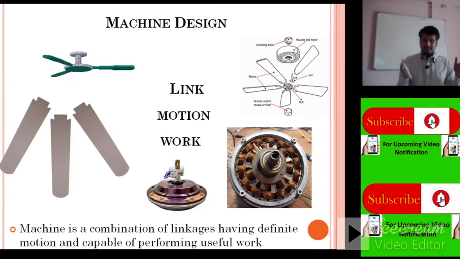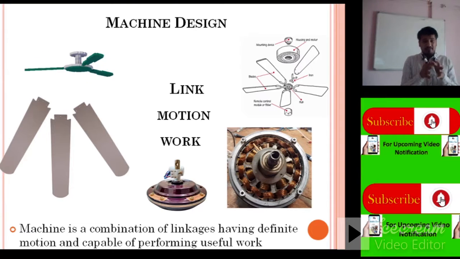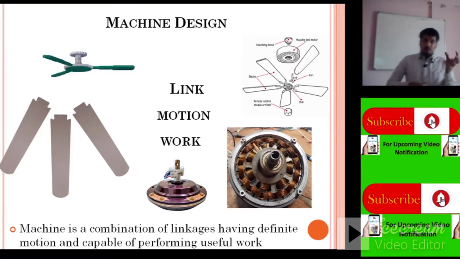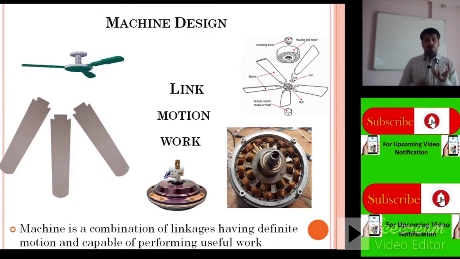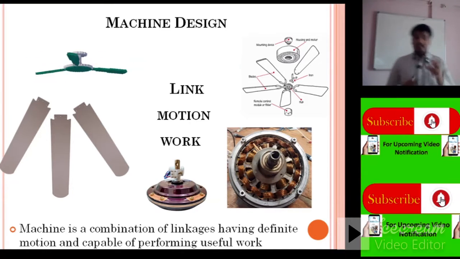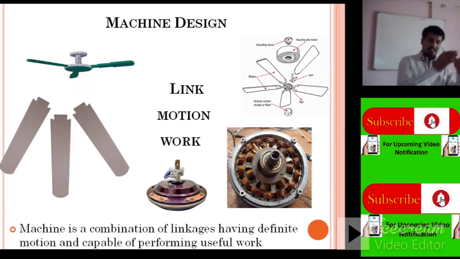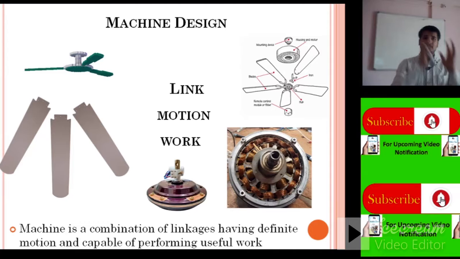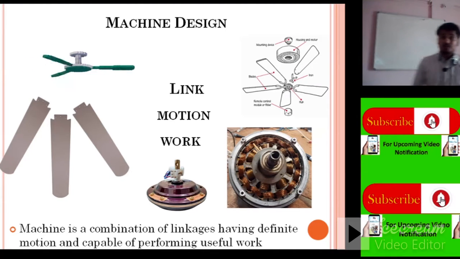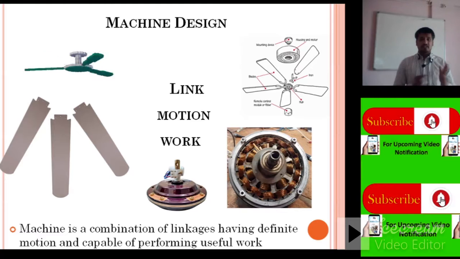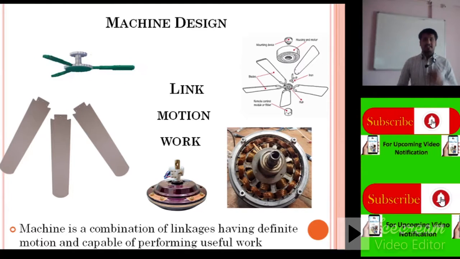All these are linkages and we combine them together having motion, and for which purpose? For performing useful work. When all these linkages are in motion, that time we can have some useful work. When any element goes through this process, that time we call it a machine. Or we can also define the machine as any object that reduces our effort or human effort.